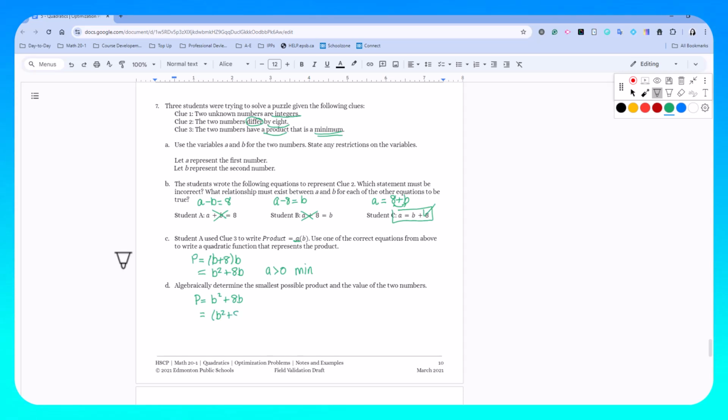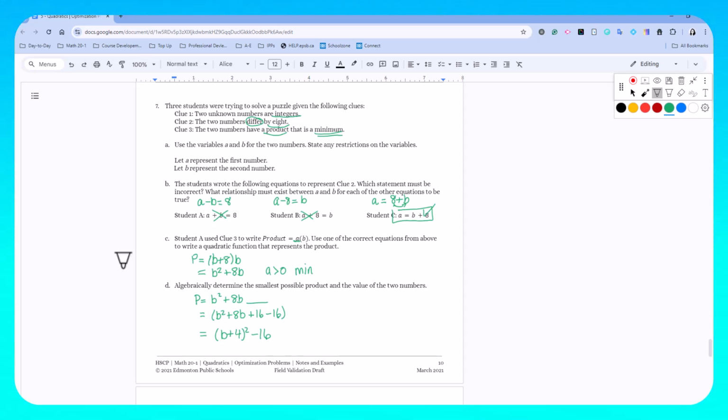We can say that we have b squared plus 8b plus half of 8, which is 4. 4 squared is 16, minus 16. Notice here there was nothing sticking off on the end, so we can actually leave it like this. And this gives us b plus 4 squared minus 16.